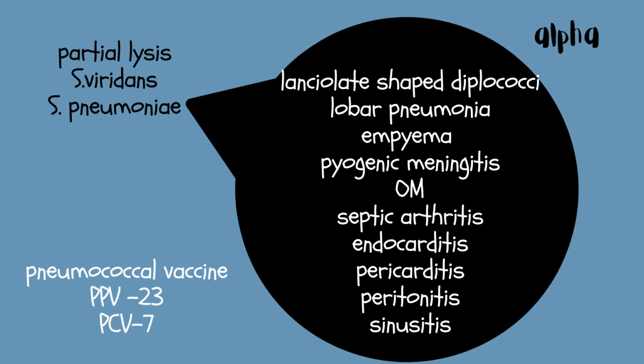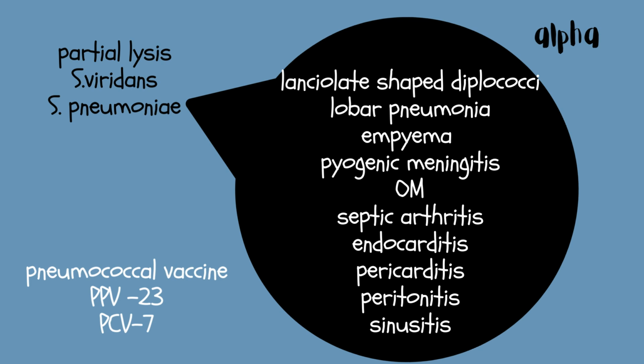We'll see a little bit of detail on Streptococcus pneumoniae. Streptococcus pneumoniae are lanceolate shaped or lens shaped diplococci. They cause lobar pneumonia, empyema, pyogenic meningitis. It can cause osteomyelitis, septic arthritis, endocarditis, pericarditis, peritonitis, and sinusitis.